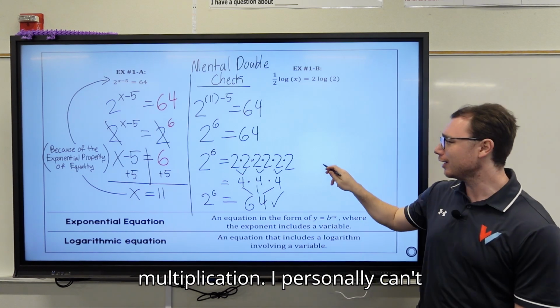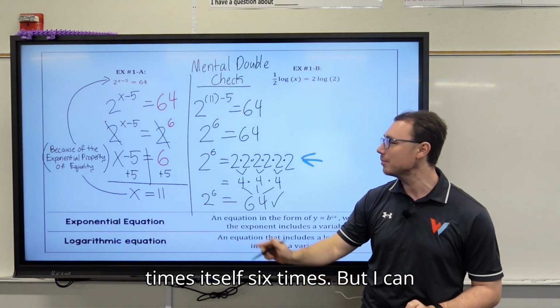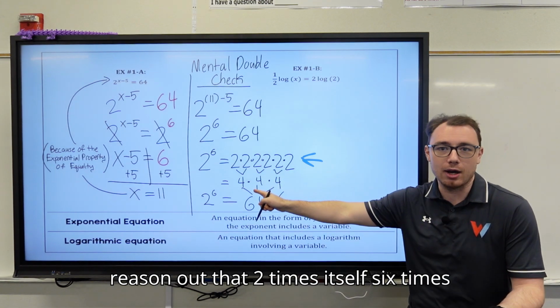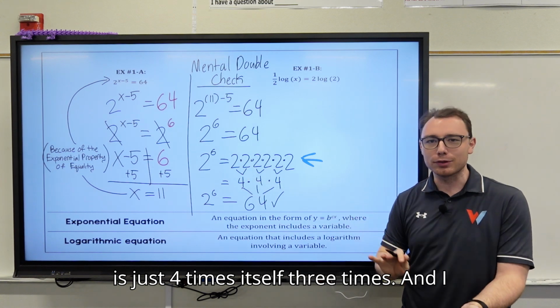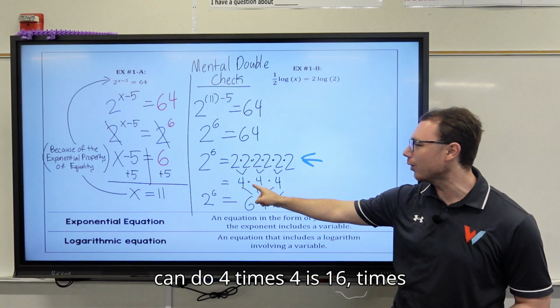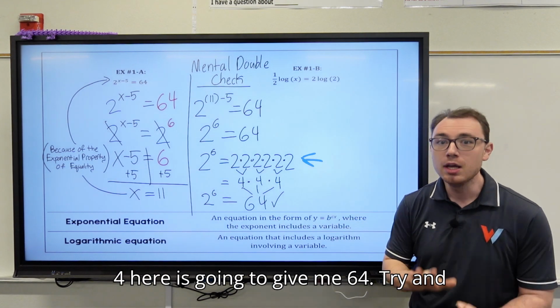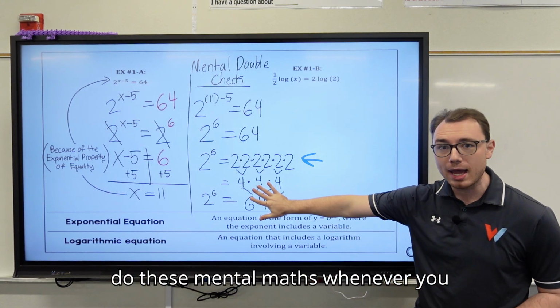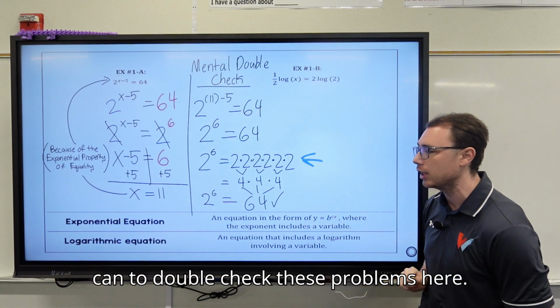I personally can't do this in my head, 2 times itself 6 times. But I can reason out that 2 times itself 6 times is just 4 times itself 3 times. And 4 times 4 is 16, times 4 is going to give me 64. Try and do these mental maths whenever you can to double check these problems.